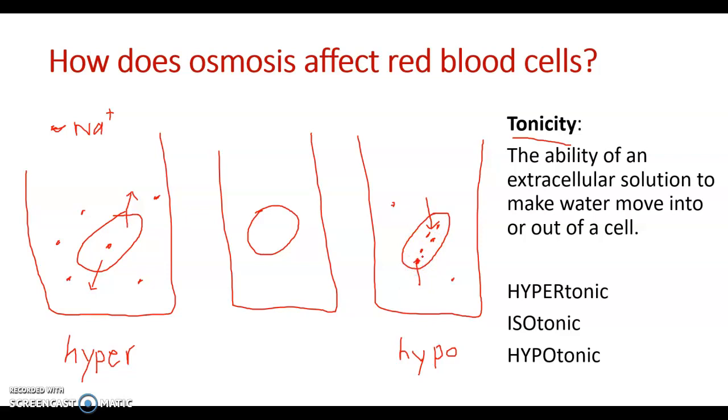So water is going to flood into the cell. And that means it's going to blow up like a balloon, right? We're going to be adding water to the cell. If enough water gets added to that cell, then we're going to experience something called hemolysis. Hemo meaning blood cell, lysis meaning split. So that cell is actually going to explode and burst open.